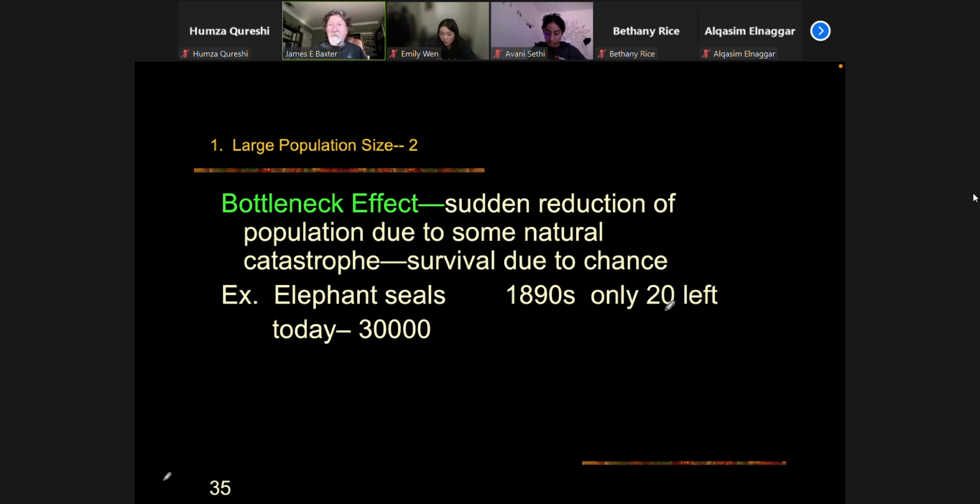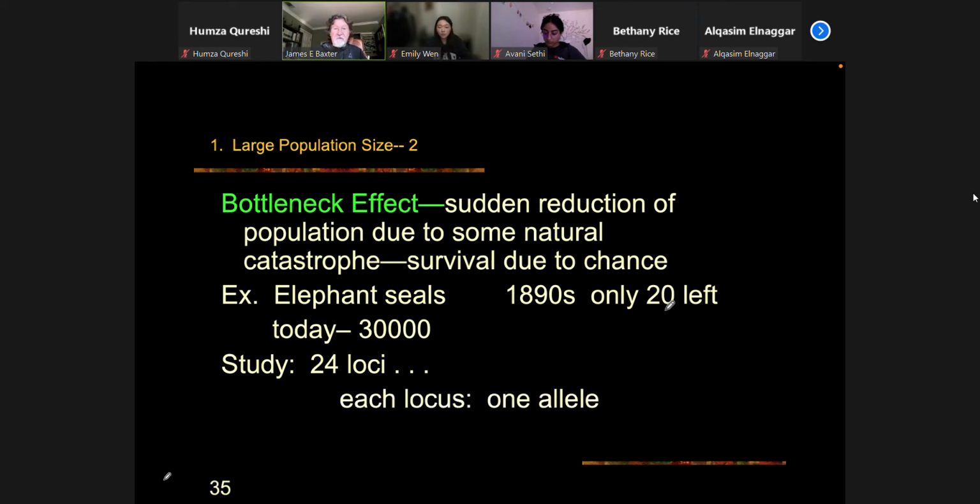They all came from just these 20 individuals, and as a consequence, there was probably a lot of genetic drift. Sometime back in, I think, the 1980s or a little earlier, researchers studied the diversity in this population by looking at enzymes. They looked at 24 enzyme loci to find out how many alleles are in each of these loci, and it was just one.